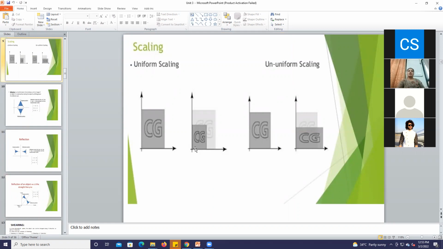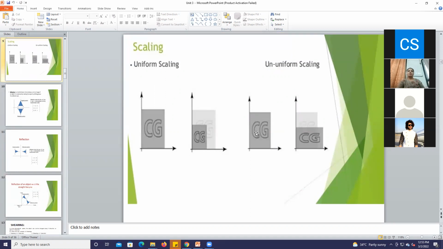So examples we can see here. This is an original object and we are getting compression. Along the x-axis it is half and along the y-axis it has also become half. So we are reducing, that is, we are compressing, with a scaling factor of 0.5 for example.